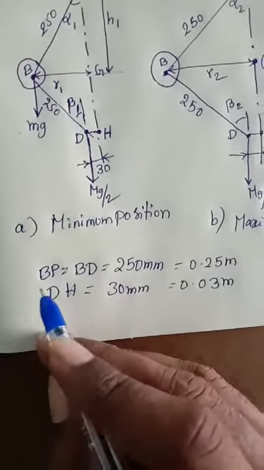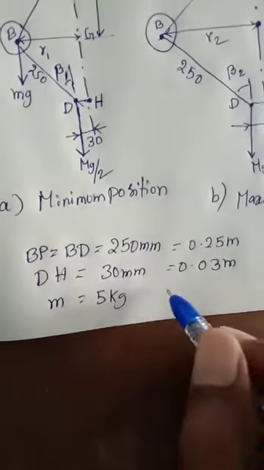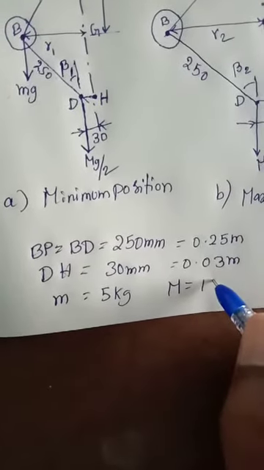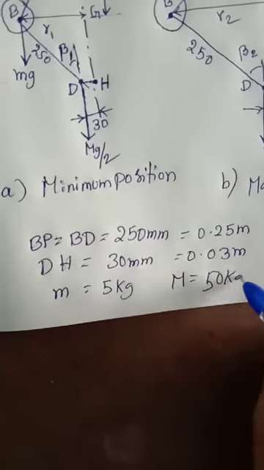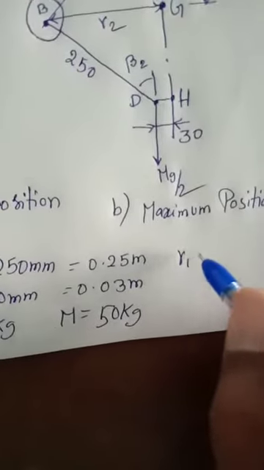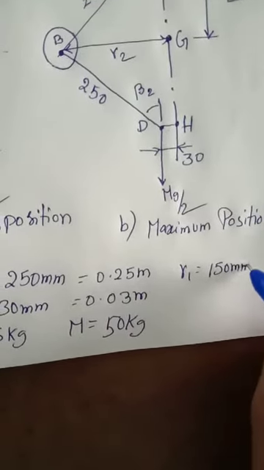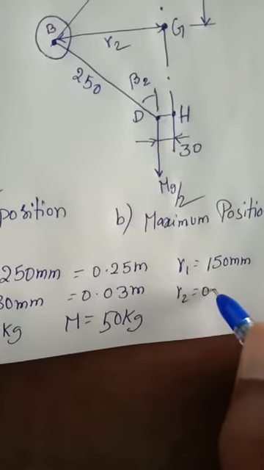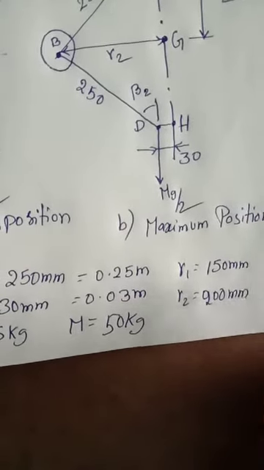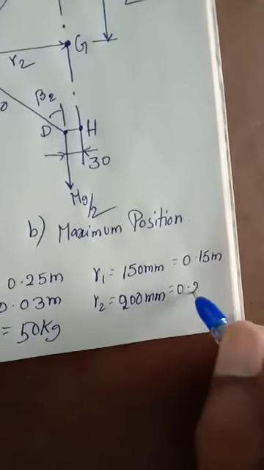Okay, and now M is equal to 5 kg for the ball, and the sleeve mass is equal to 50 kg, given. Now R1 is equal to 150 mm, that is 0.15 meter, and R2 is equal to 200 mm, that is 0.2 meter. So this is the problem given.